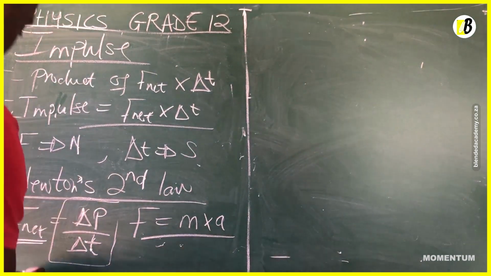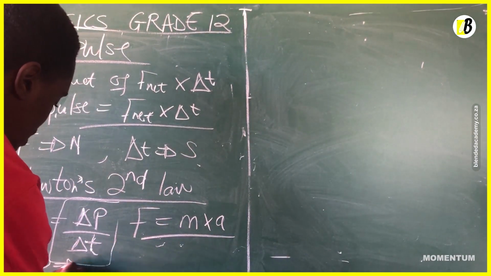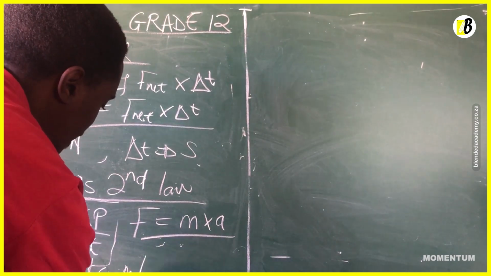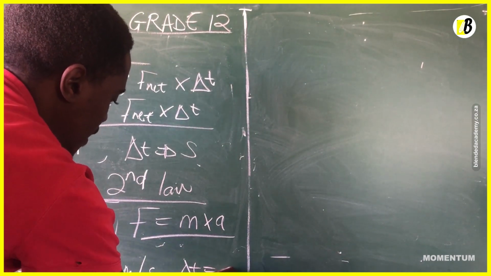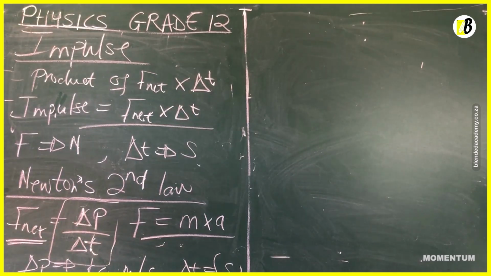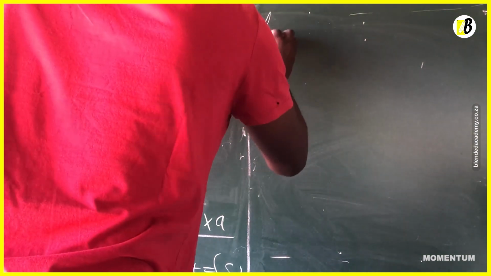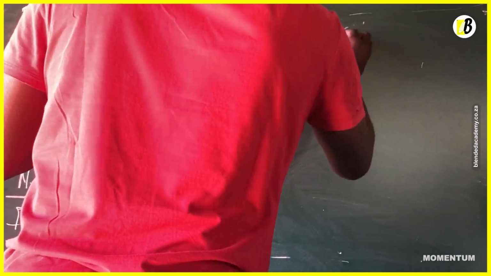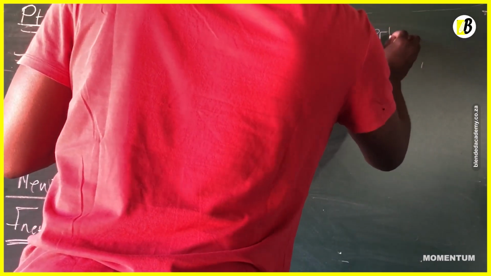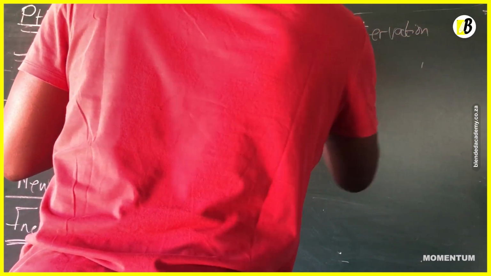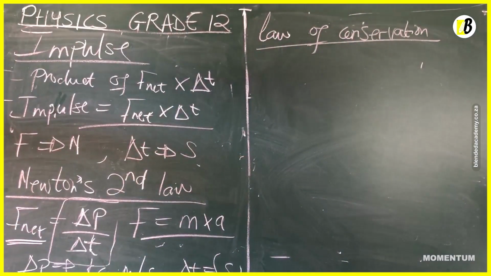And from this, we know that momentum is measured in kilograms meters per second, and the unit of time is seconds. So you need to always remember the SI units, because they're very important when expressing different quantities. And then now let's move on to the next concept, the law of conservation of momentum, which I've already stated, that the total momentum of an isolated system remains constant or is conserved.